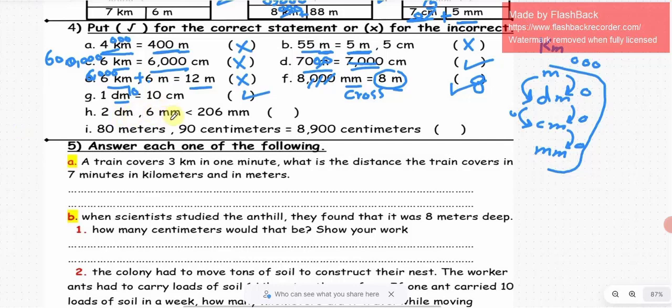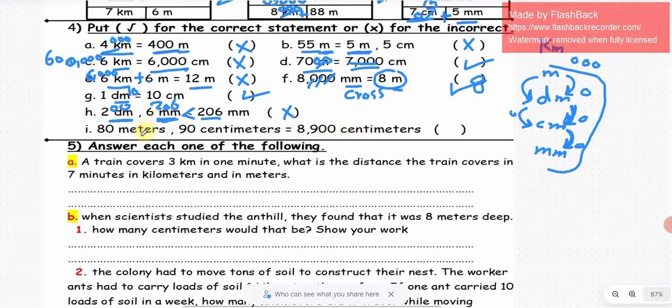Letter H, 2 decimeter and 6 millimeter. Let's change the big unit, decimeter. Cross decimeter, and between them there are 2 zeros, so it will be 206. Is this number smaller than this number? No, they have to be equal. 80 meters, 90 centimeters equals 8,900 centimeters.